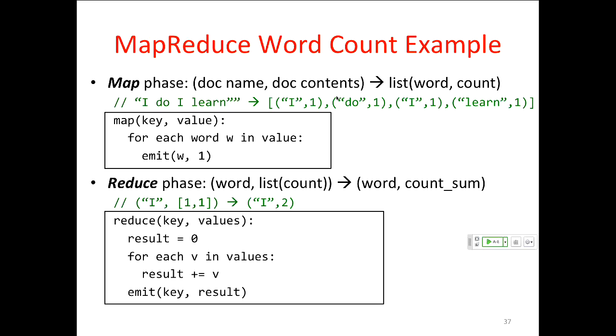For each word, we get the count values generated by the map phase, and we have a temporary variable to get the count. And then we eventually get the counts for each word in the document. Okay, any question about this?